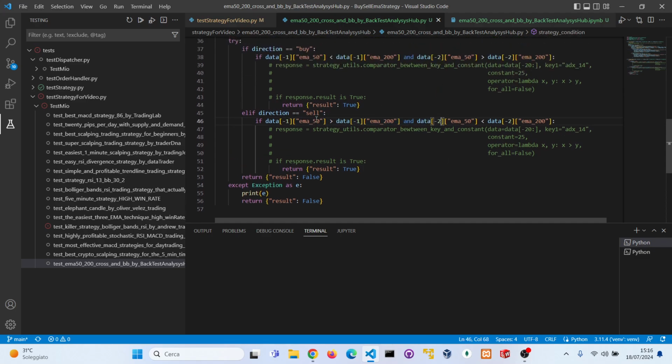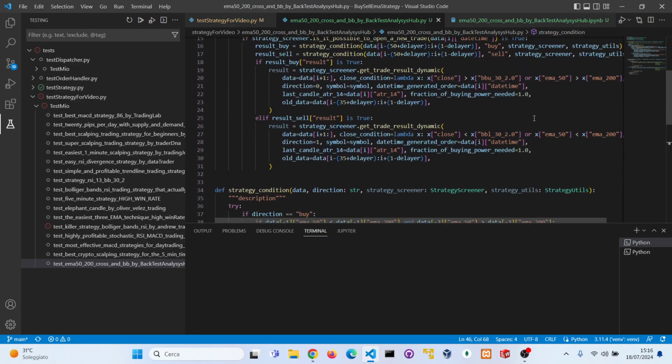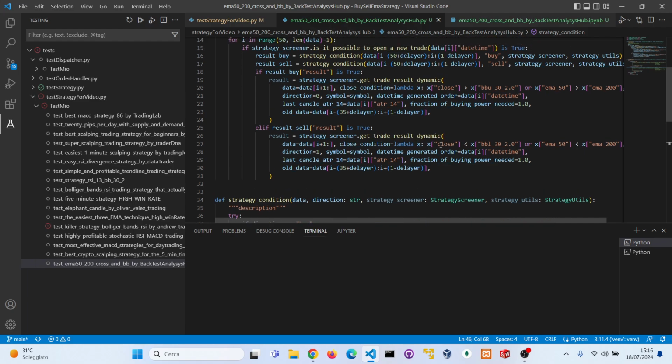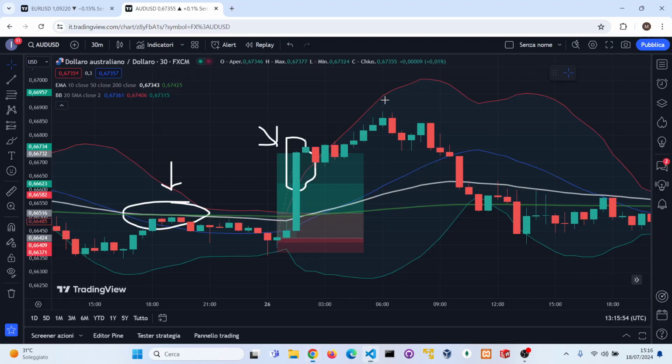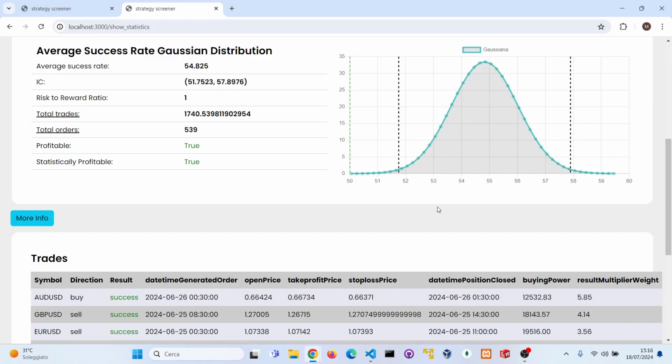So EMA 50 above EMA 200 on the last candle, and on the candle before EMA 50 below EMA 200. And for exit, the close must go below the Bollinger Band's low, or the EMA 50 must go below the EMA 200.